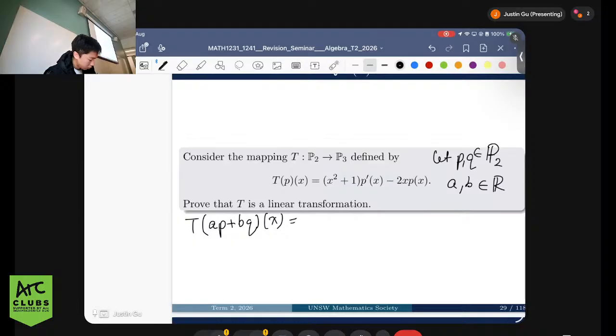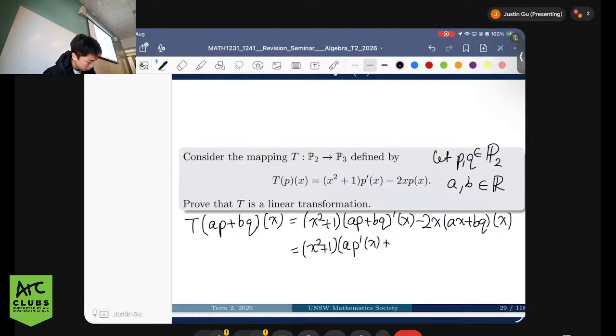Okay, so writing this out, we should get x squared plus 1, aP plus bQ dash of x, minus 2x, aP of x plus bQ of x. I'm just replacing P with aP plus bQ here, and then expanding it, x squared plus 1, aP dash of x plus bQ dash of x, minus 2x, aP of x plus bQ of x.